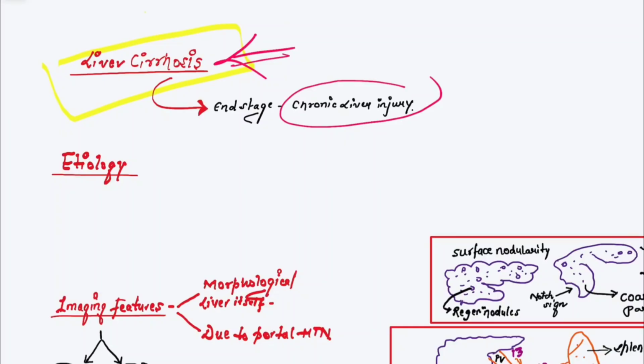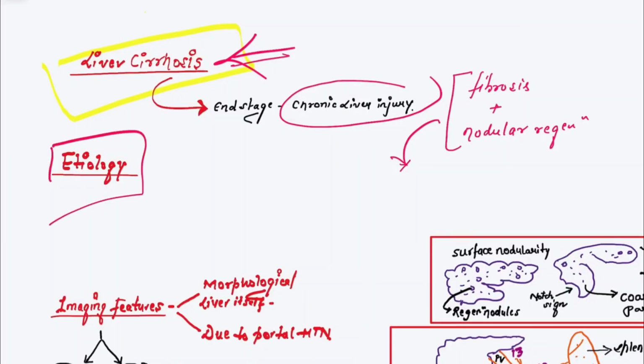It produces extensive fibrosis and nodular regeneration in the hepatic parenchyma at the same time, thus replacing the normal liver parenchyma and resulting in chronic liver disease.